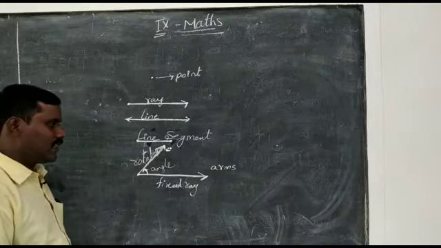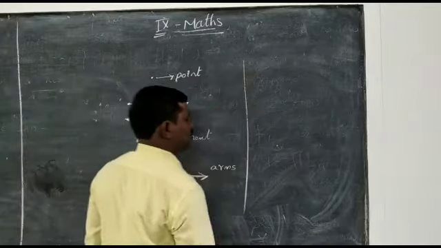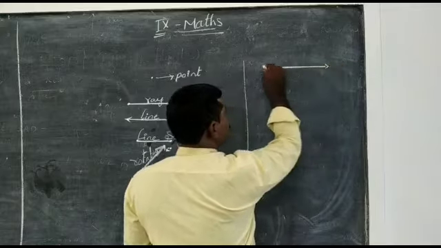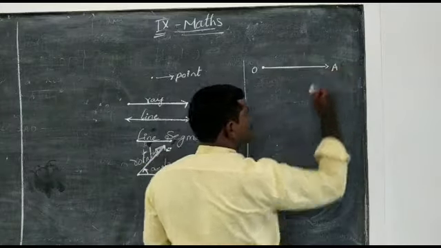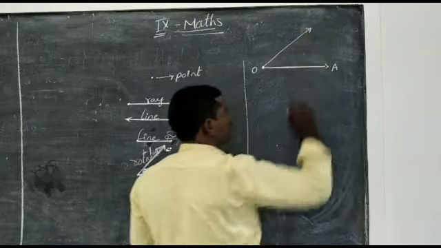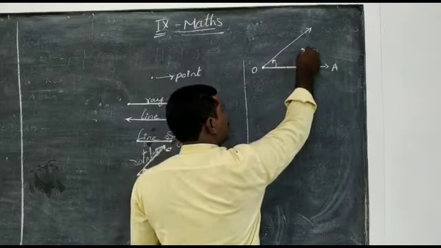Now we are going to the types of angles. I am taking OA and I will take OB like this. This angle is less than 90.